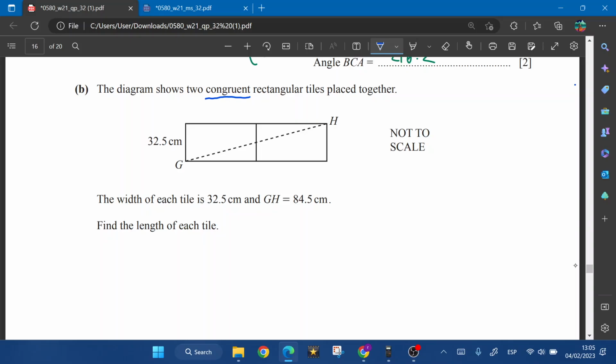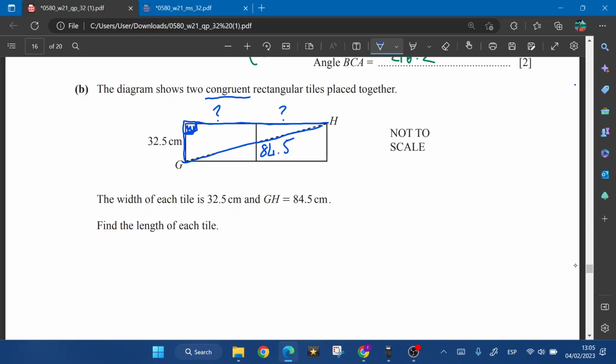And GH, if you draw a line from G to H, is 84.5 centimeters. Find the length of each tile. So the length means this, and there's two of them next to each other, but we just need to find one of them. What you need to recognize here is that this forms a right angle triangle.